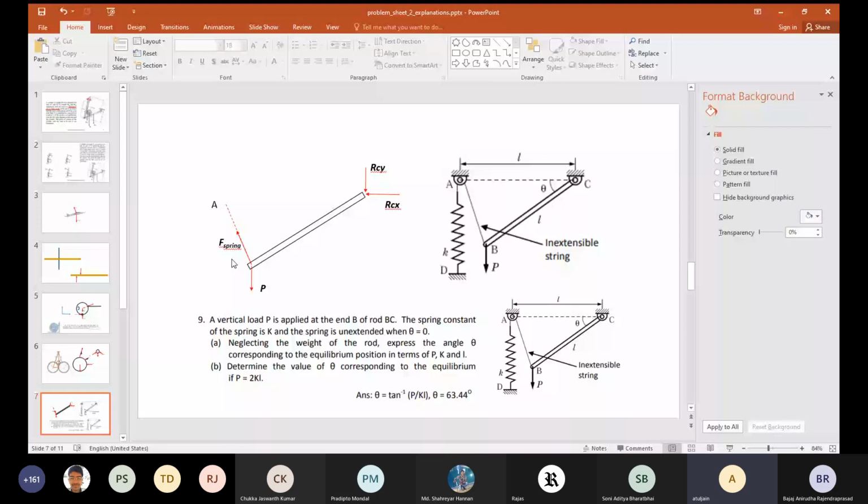So the free body diagram at point B will have P, FBC and F spring, correct? It would be the same thing. That would also work. The proof of the pudding is in the eating, as we say. Okay, sir. I'll try doing that.